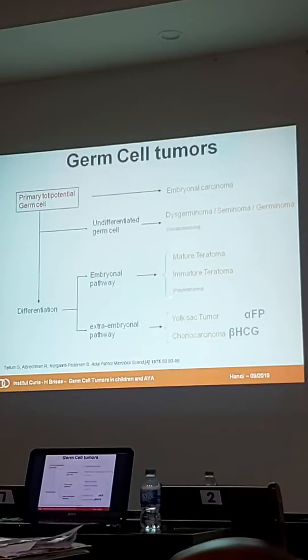So the yolk sac tumors produce alpha-fetoprotein, and choriocarcinomas produce beta-HCG. These are the most aggressive tumors. These are non-secreting malignant tumors also. And this one is the only benign tumor.